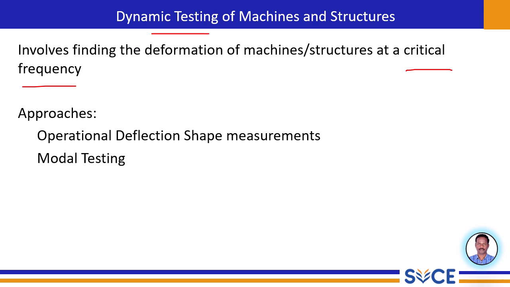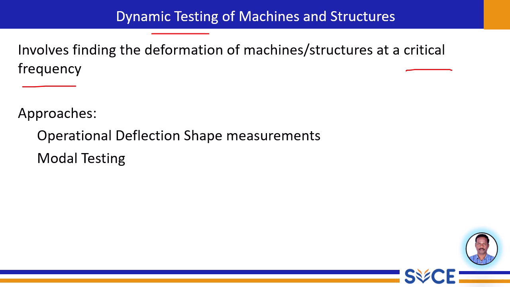Understanding this specific deformation pattern is crucial for diagnosing problems, validating models, and designing effective control strategies. Here, we are going to discuss two approaches. The first approach is operational deflection shape measurements. We call it ODS analysis. This ODS analysis focuses on characterizing the motion of a structure under its actual operating conditions. Imagine a machine running in a factory.